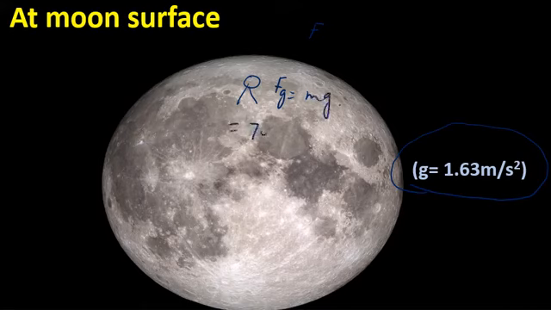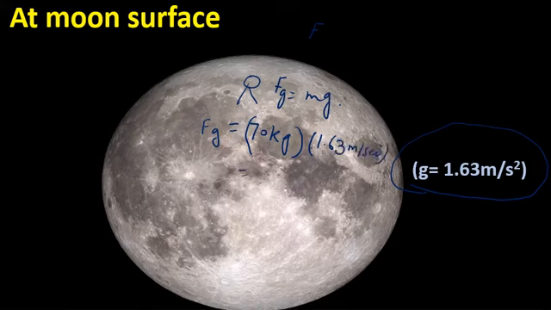Mass, again, whether it is on the earth's surface at sea level, at the top of a mountain, or sitting at the surface of the moon, will remain the same because it is the internal property of an object. But here the value of G at the surface of the moon is 1.63 meters per second squared.